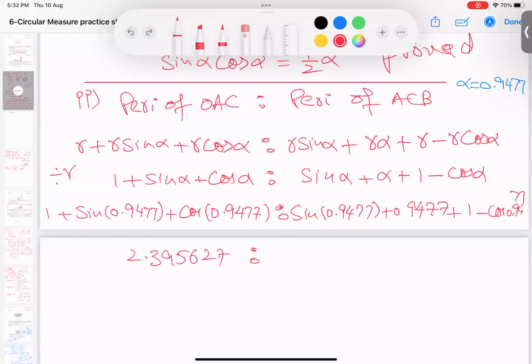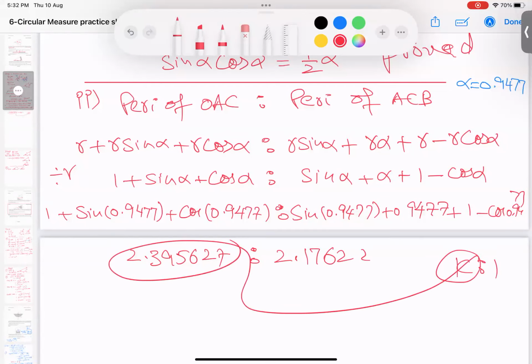I'm typing it all together. Wait a minute, please. 0.9477. Plus the answer, and plus 1 minus cos of the answer. And I am getting the right hand side as 2.17622.